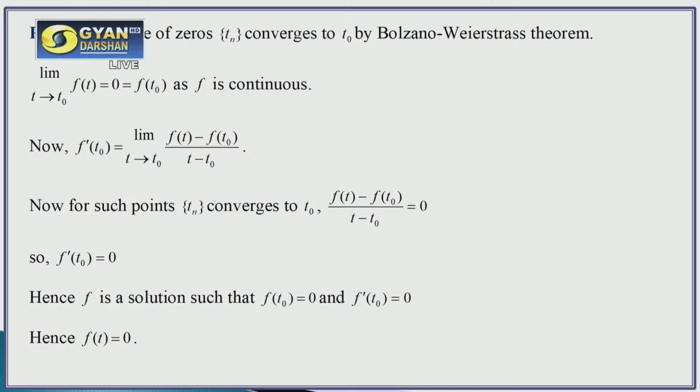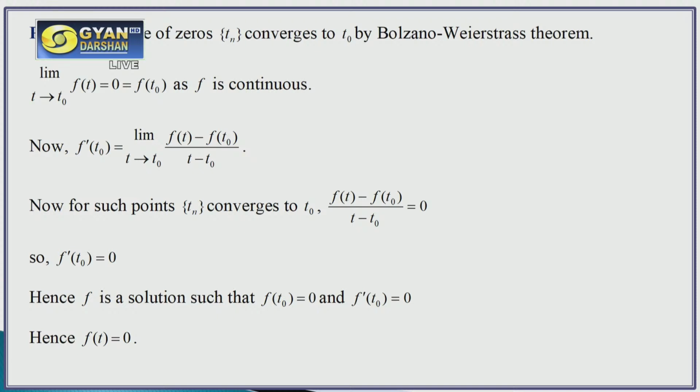So the sequence of zeros should converge to a point t0 by the Bolzano-Weierstrass theorem. Again f is continuous, so as t tends to t0, f of t equals 0, actually f of t0. Now we have also assumed that the derivative exists.